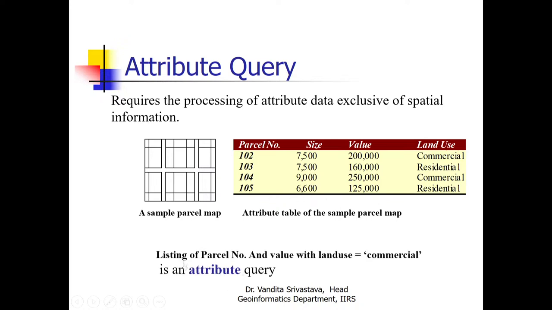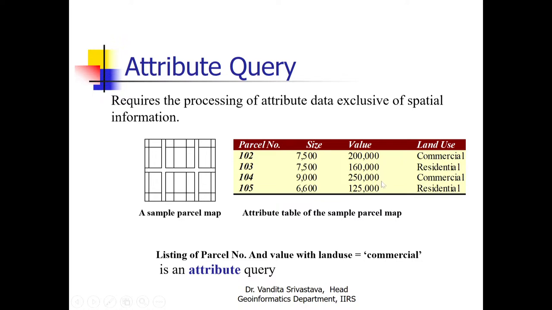If I ask, please show me all the parcel numbers and values where land use is commercial. What is the answer of this query? Parcel number is, so this is commercial here, so 102 and 104, and value is 200,000 and 250,000.